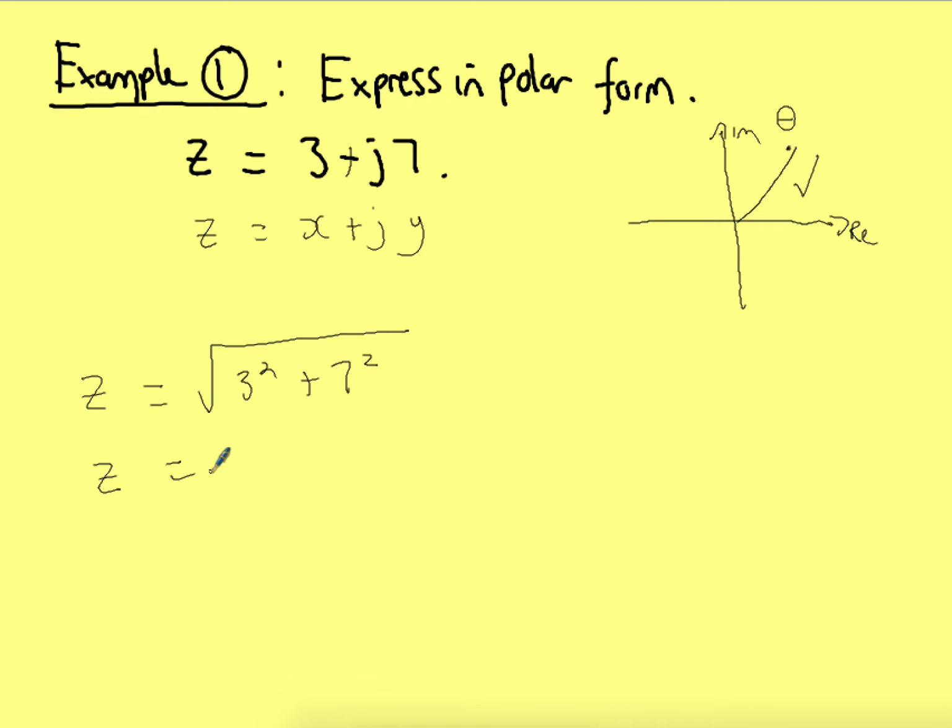And that gives me the square root of 58, or 7.62. So I'm just going to write it 7.62. Right, so theta equals the inverse tan of y over x. So theta equals inverse tan of 7 over 3.